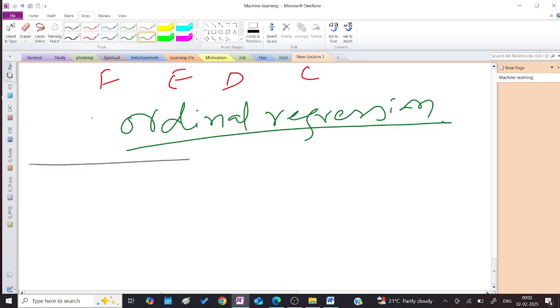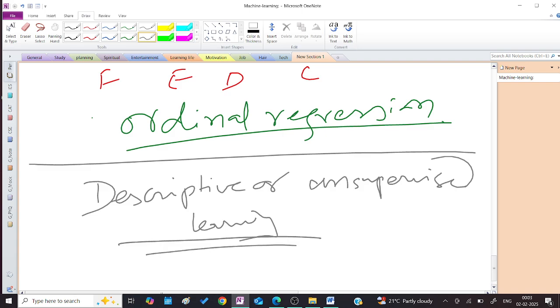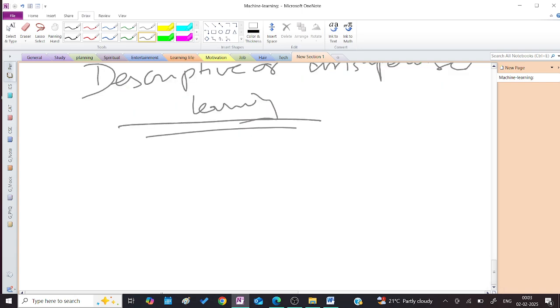Let's move to the next, descriptive or unsupervised learning. Here the problem is there is no label. Only the inputs are present.